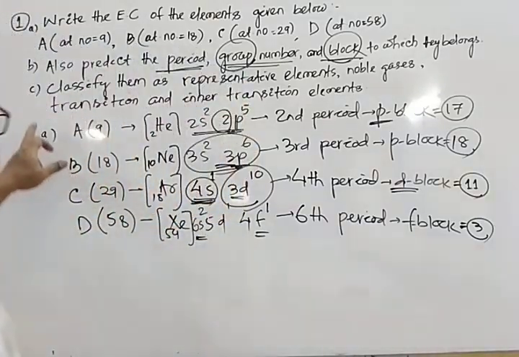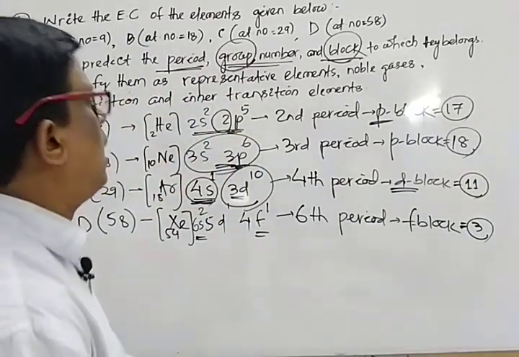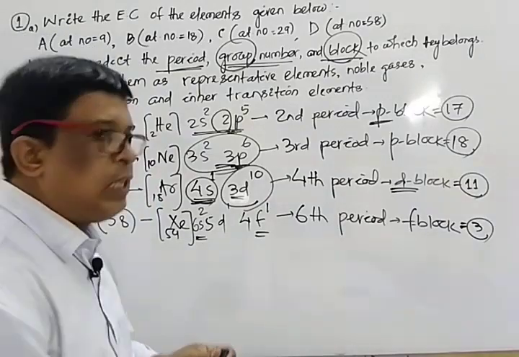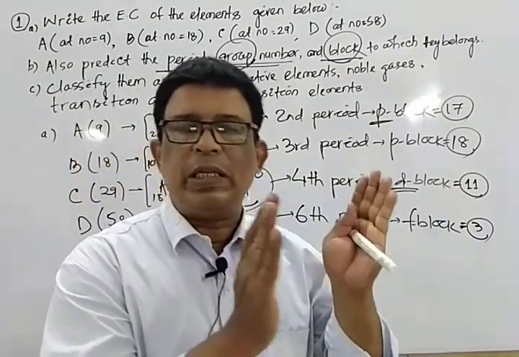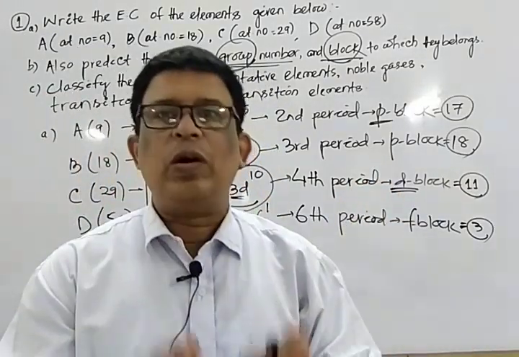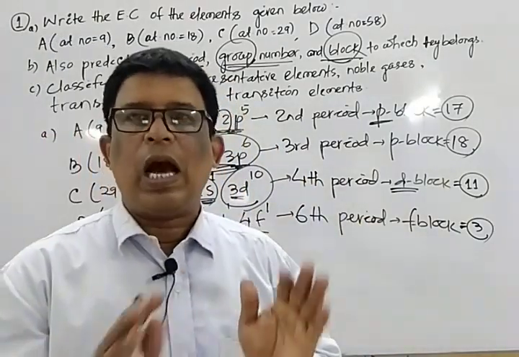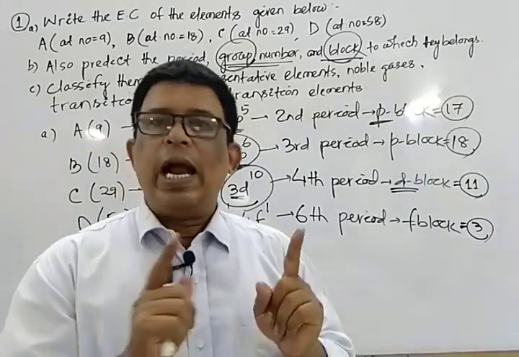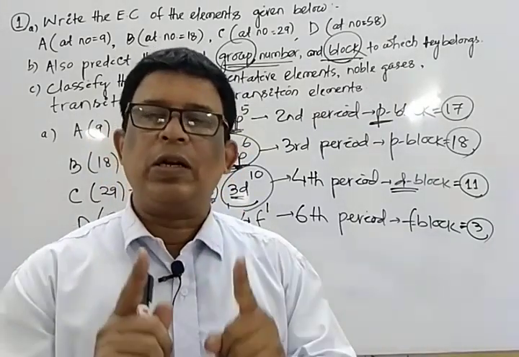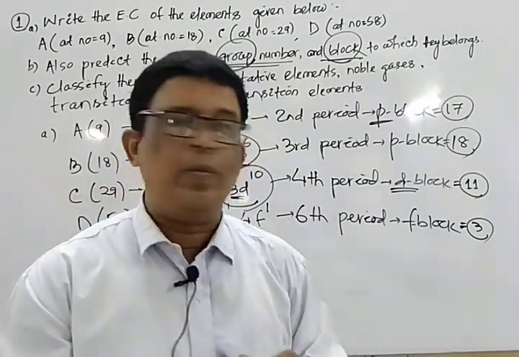And mark the last one, classify them as representative elements. The elements present in S and P blocks are known as representative elements. Those present in a D block are known as transition elements. And those present in an F block are known as inner transition elements.